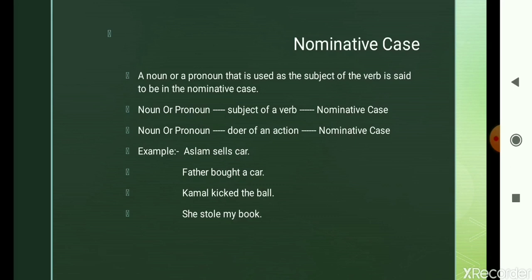Father did the action. Kamal did an action. She is my subject, doer of an action. So in these sentences, Aslam, father, Kamal, and she are your nominative case. I hope it is clear to everyone.